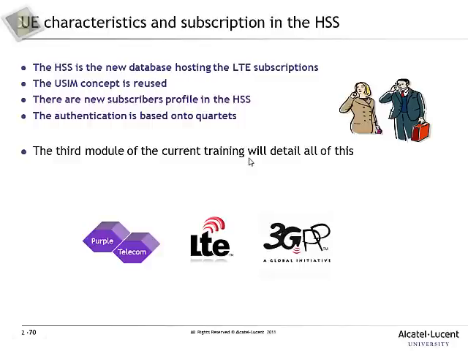In GSM, authentication was based on triplets, or 3 pieces of information. In 3G, we had 5 pieces of information, which I think are referred to as quintuplets, and now we have gone to quartets, which is 4 pieces of information. So there's a slight change in the way the HSS works compared to previous ones, and we'll study a little bit more about security. We have a whole lecture or part of a lecture on security a little bit later, and we'll study them in more detail then.